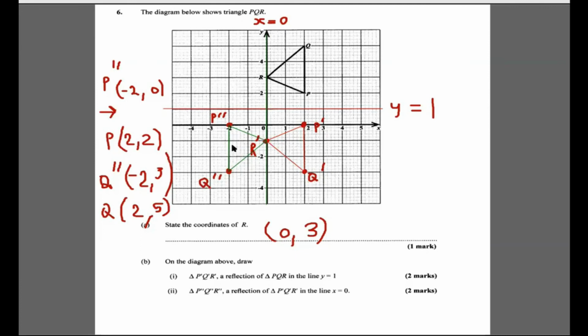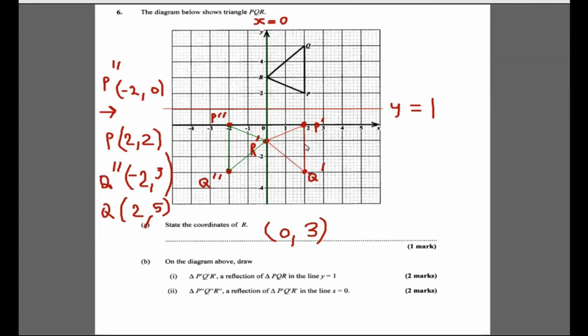So as I said, we reflect it in the line x equals 0, then reflect it in the line y equals 1. Two reflections generally give you a rotation, but the tricky thing is it's not y equals 0.